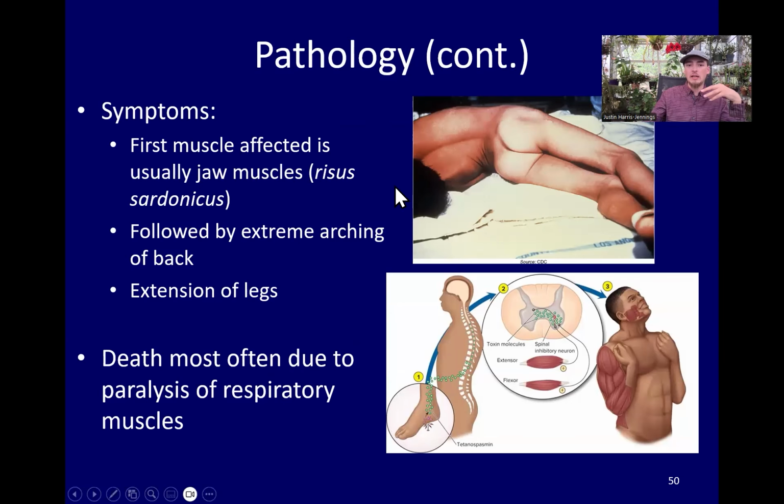But you can tell that this is incredibly painful, and typically because of the amount of contraction and the inability to release and then recontract, you're going to get respiratory issues and cardiac issues.